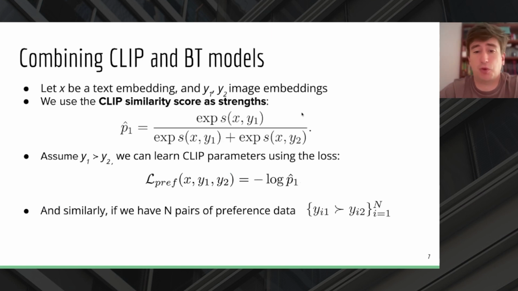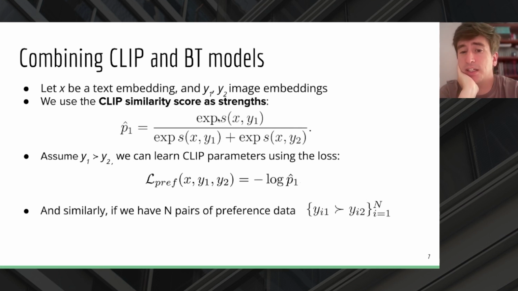Well, it's quite a simple approach. Again, I assume we have the text embedding of the text describing the image, and then the two image embeddings, which are vectors.